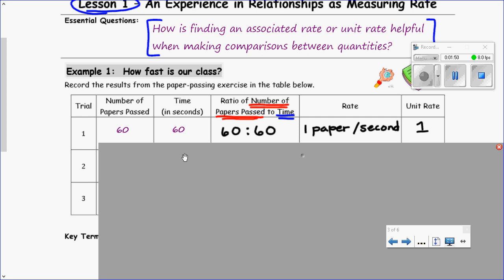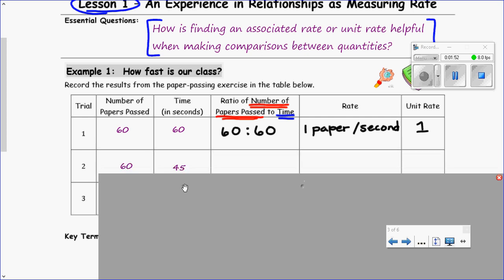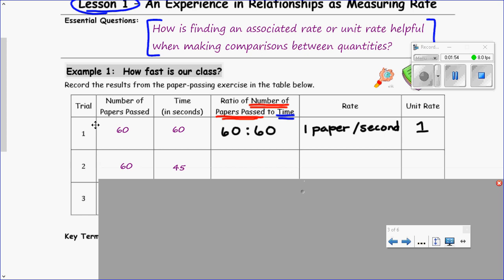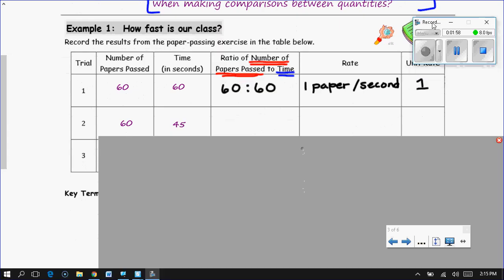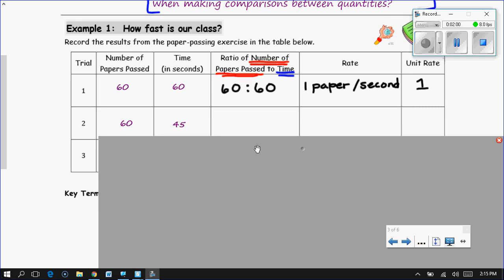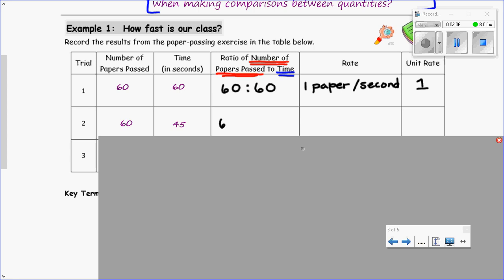Let's look at trial number 2. What if I could pass the papers out faster? What if I still had 60 papers, but it only took me 45 seconds to pass them out? Maybe I'm trying to beat a record or a race. That ratio would be 60 papers to 45 seconds. Remember, the time goes second.